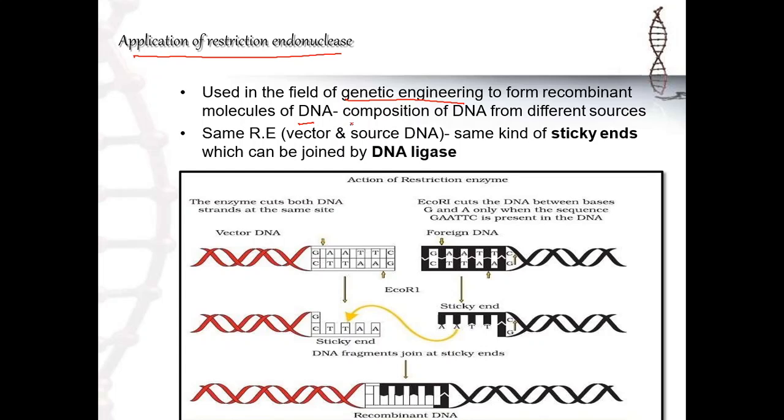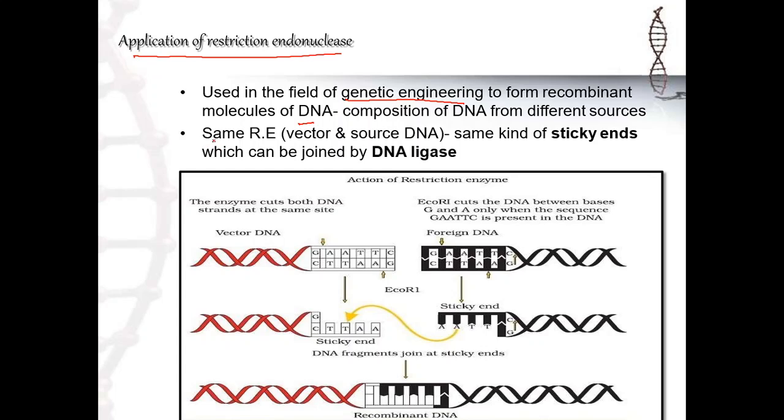Because of restriction enzymes, you will be able to cut certain portions of the DNA, and a portion of that DNA carries the desired traits. So we cut the desired DNA carrying the desired traits and transfer that into a host cell or host DNA, to modify the characteristics of the host. In that case, the host becomes recombinant DNA. Okay?